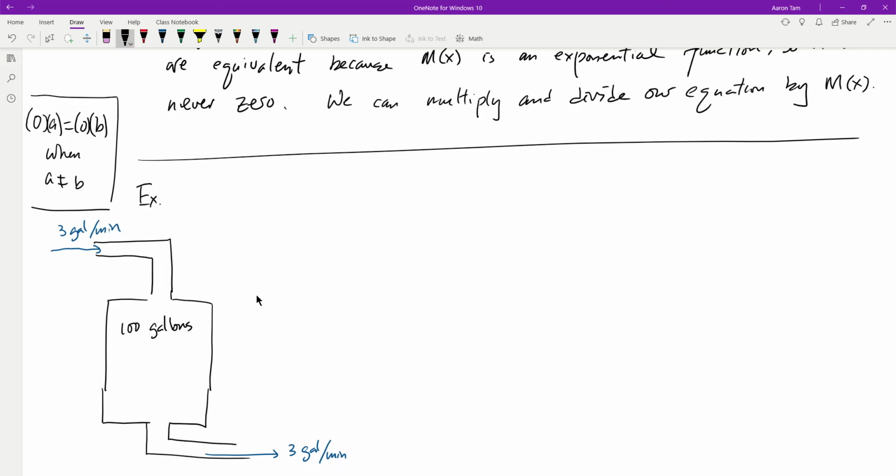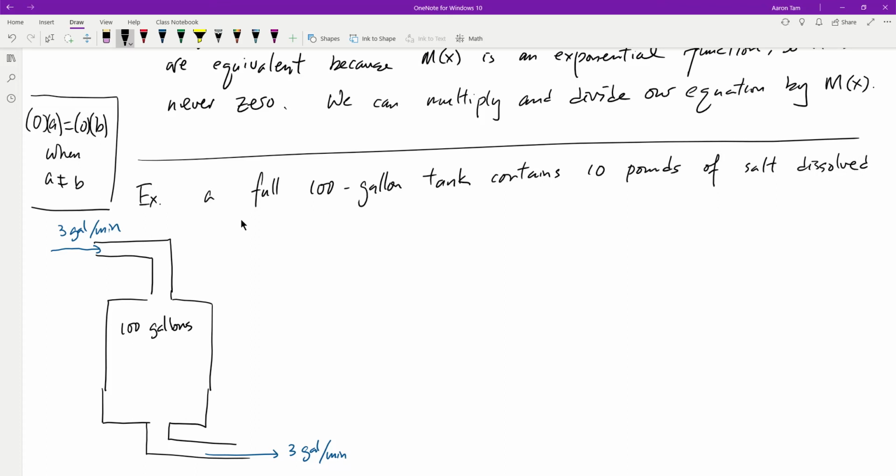And let's say that we start with 10 pounds of salt. So let's say a full 100-gallon tank contains 10 pounds of salt dissolved in water.